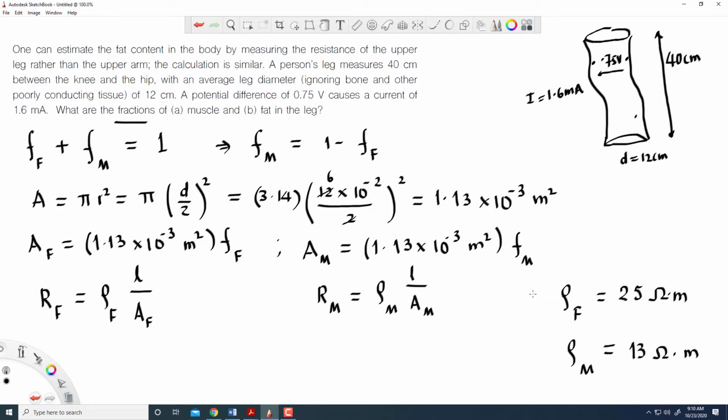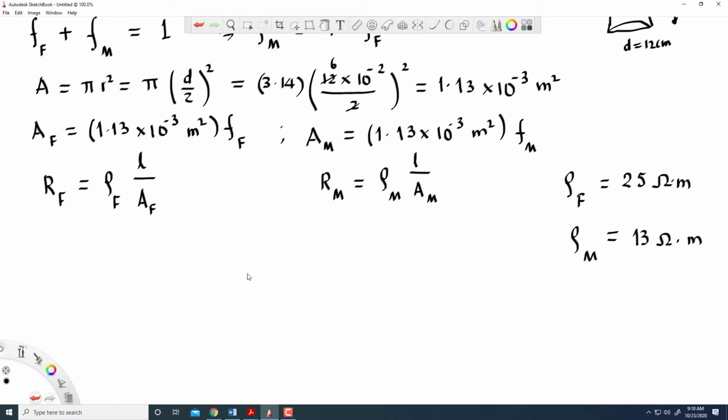So with that, now let's find the expressions for Rf and Rm. So this is 25, resistivity of fat is 25 ohm meter.